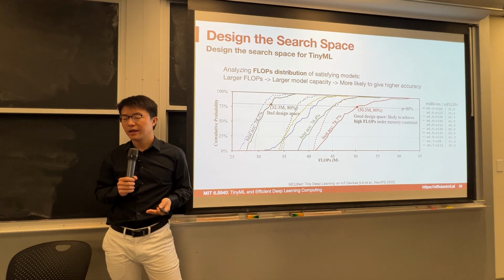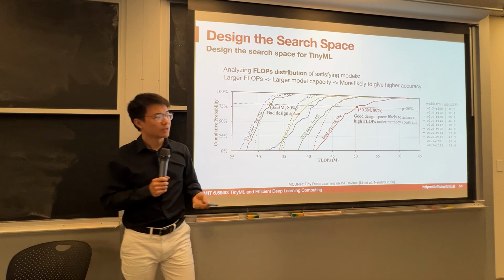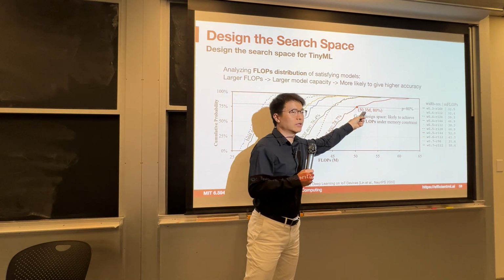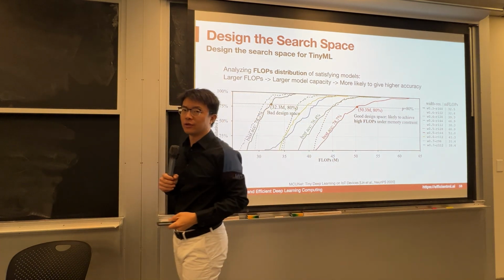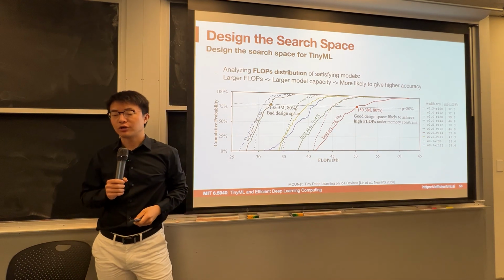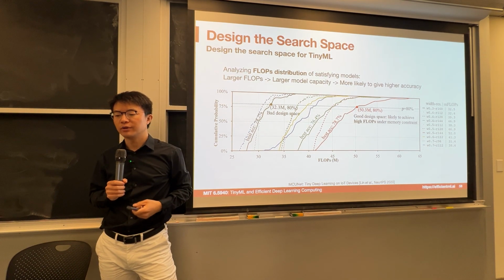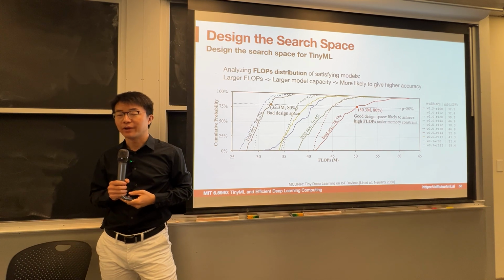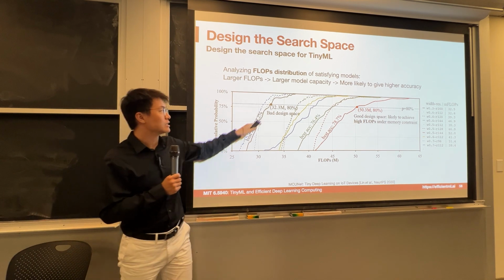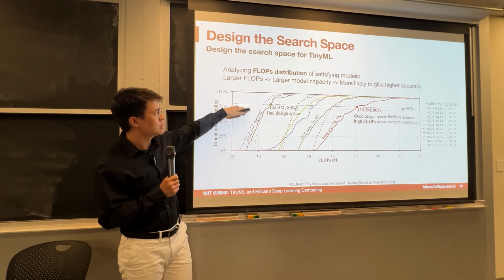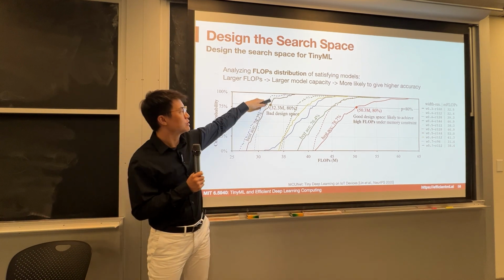So given the same amount of memory footprint, this design space can return a much higher flops, more degrees of freedom, and also more capacity compared with this black design space. So here is 80%, here is 20%.